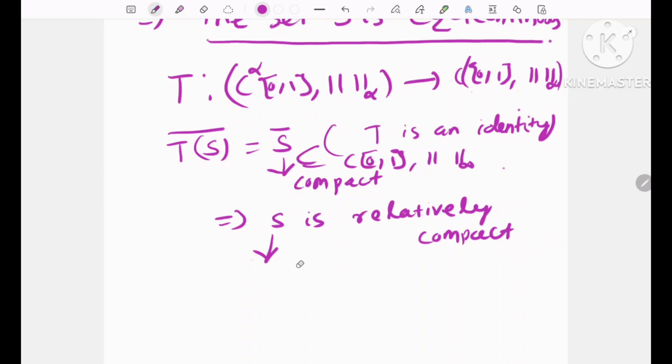Our S is uniformly bounded with respect to the alpha norm.